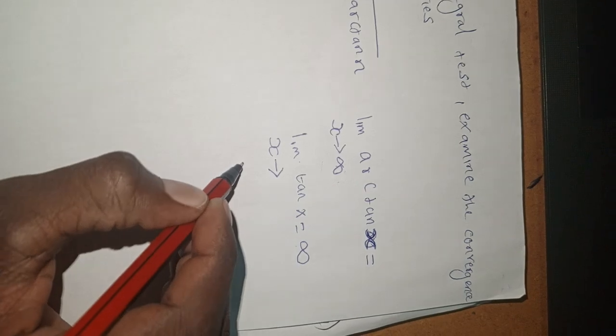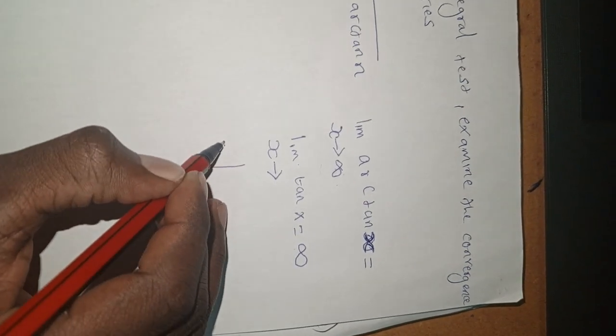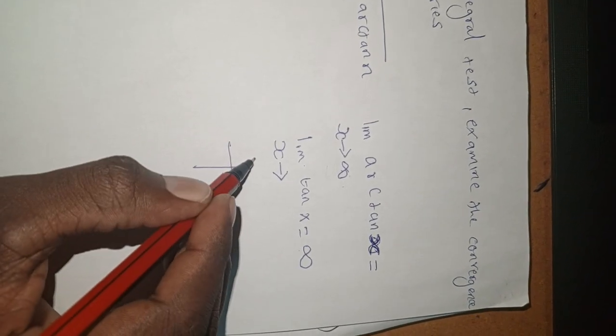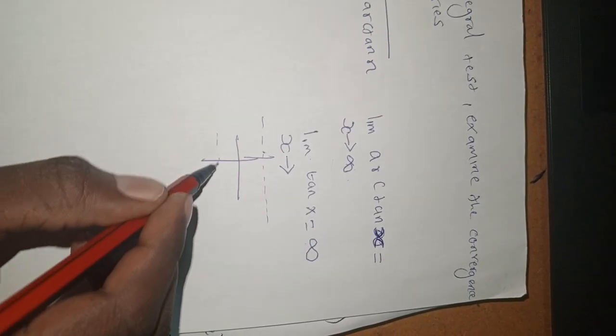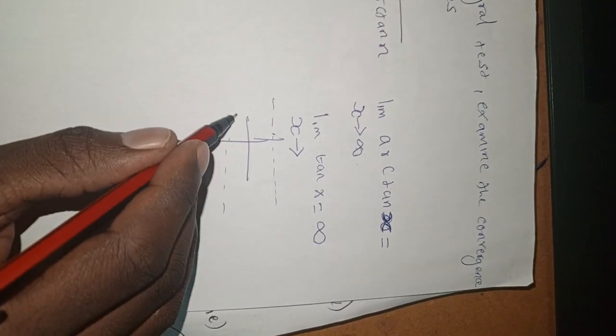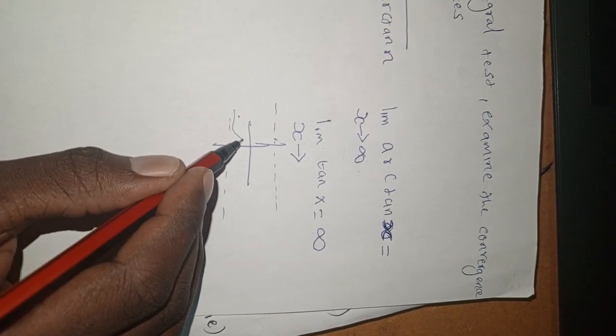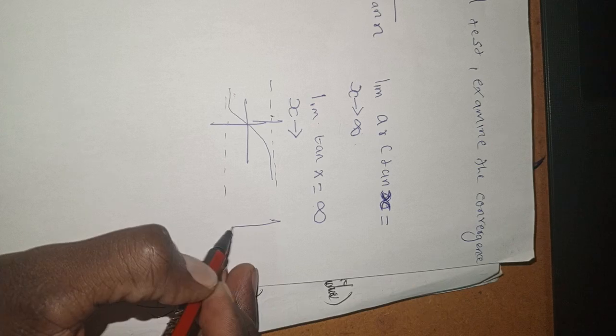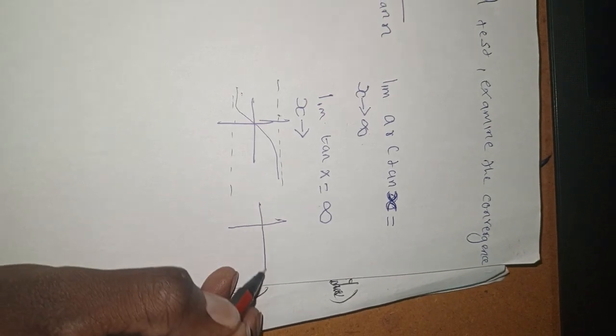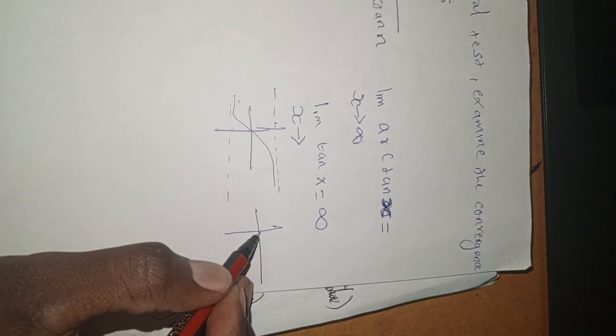So let me show you the following trigonometric graphs. The first one is the graph for arctan. Then the second one is the graph for tan x.